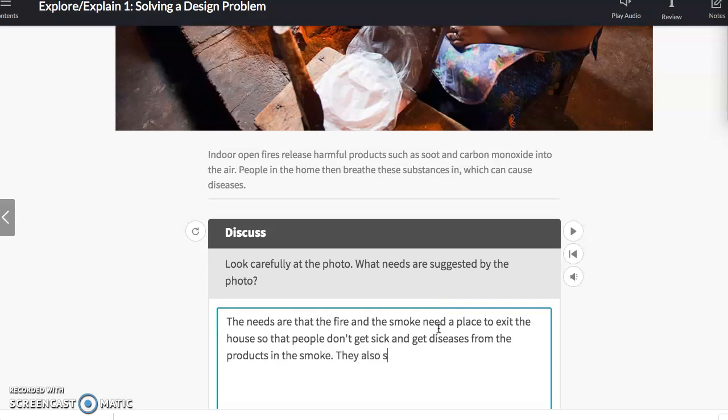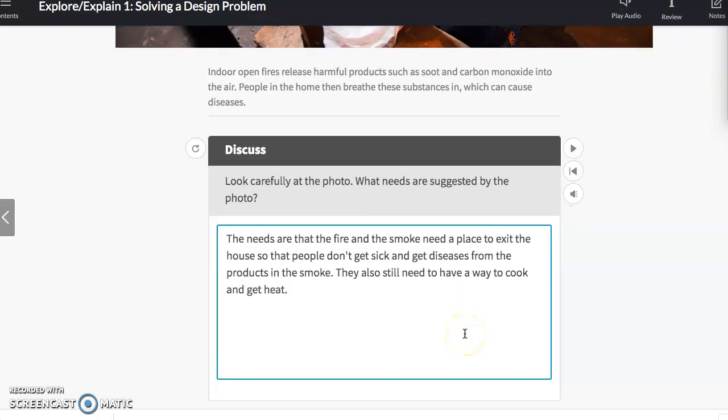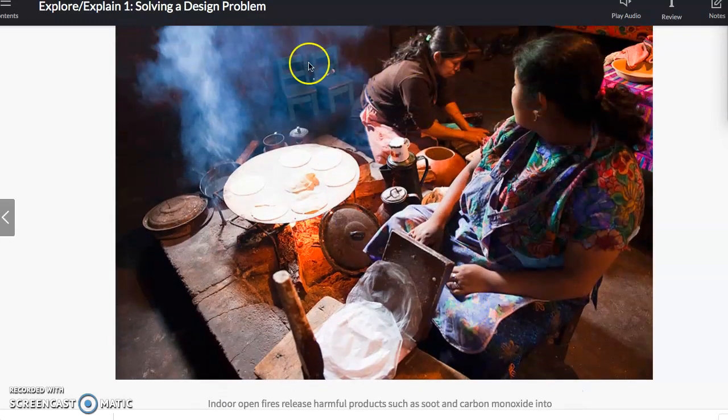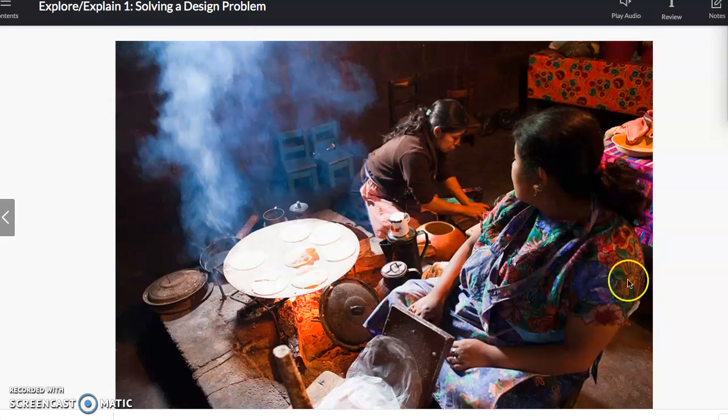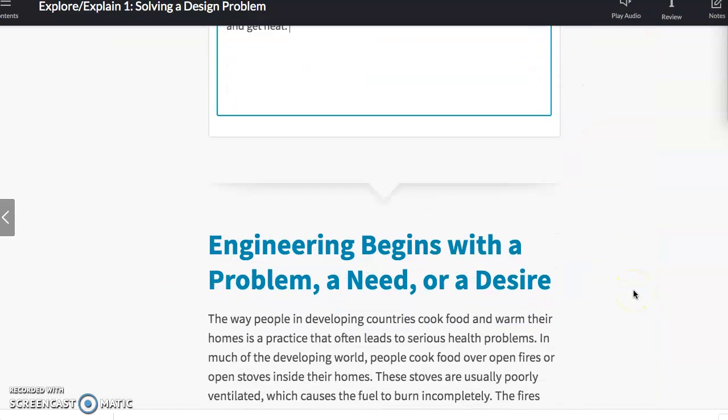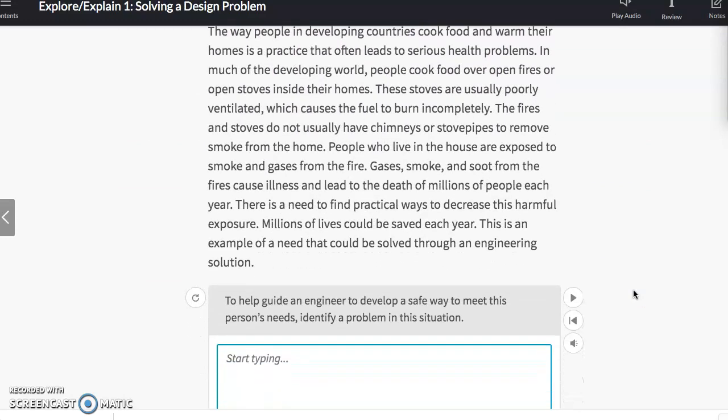They also still need to have a way to cook and get heat. Right? They still have to cook, they still need to eat, they still need that heat, but we don't want all these chemicals getting into their bodies. All right?